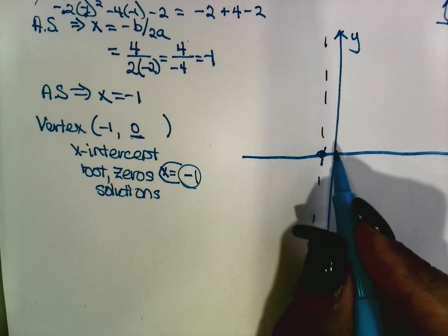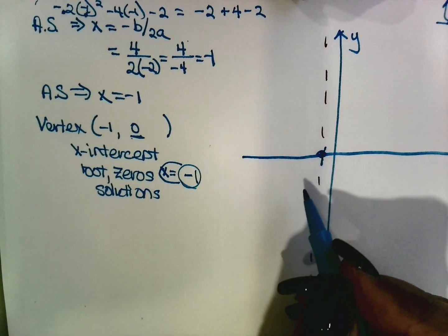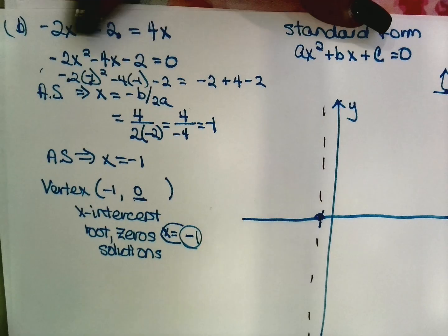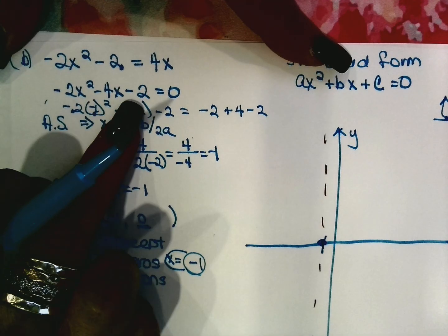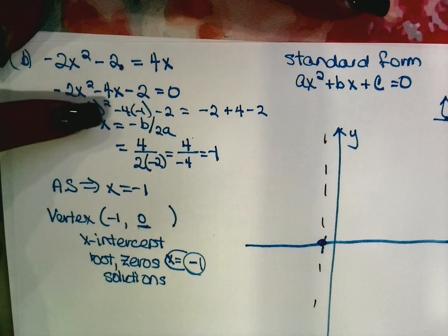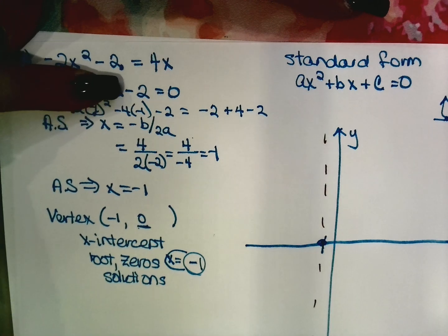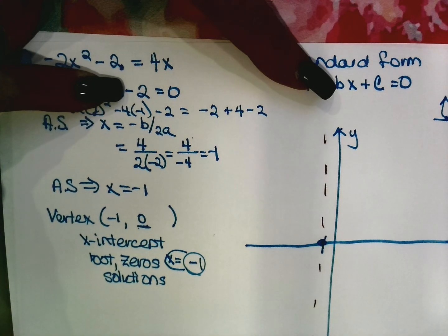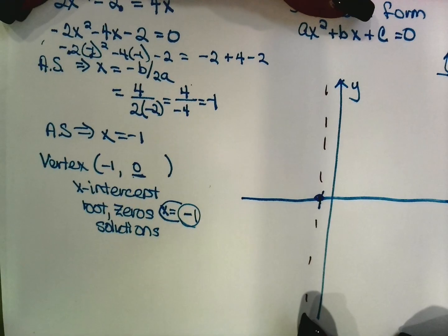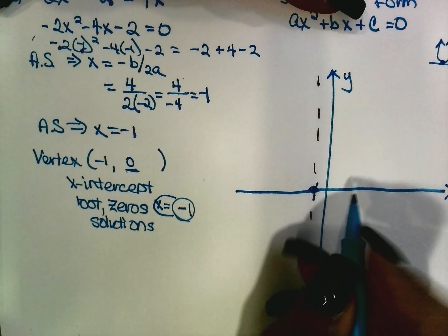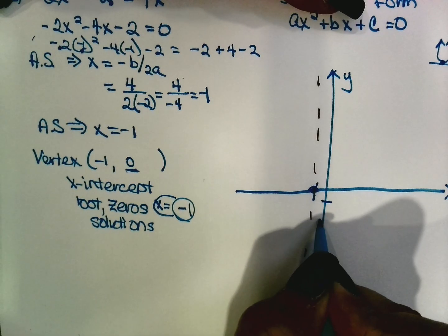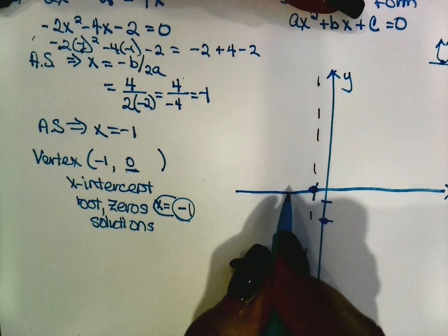In order to graph the rest of it, what I would do is look up here and see what the y-intercept is. Remember, the y-intercept is when we let x be 0. So if we let x be 0, our y-intercept is at negative 2. So that means at 0, negative 2, we have a point there.